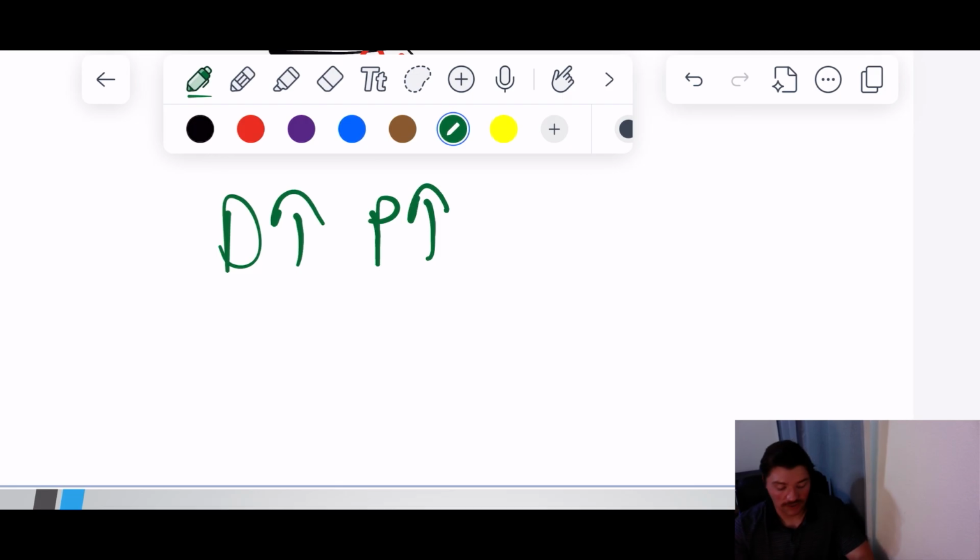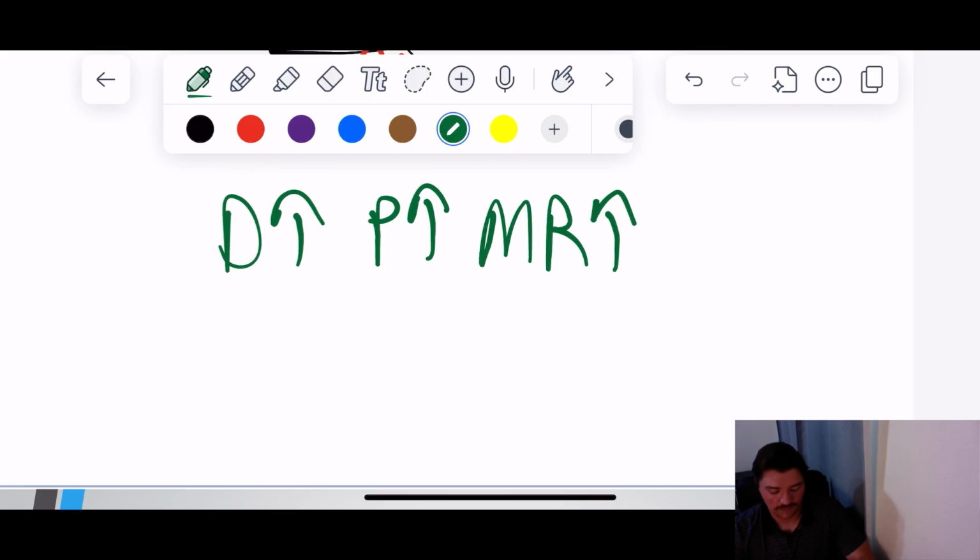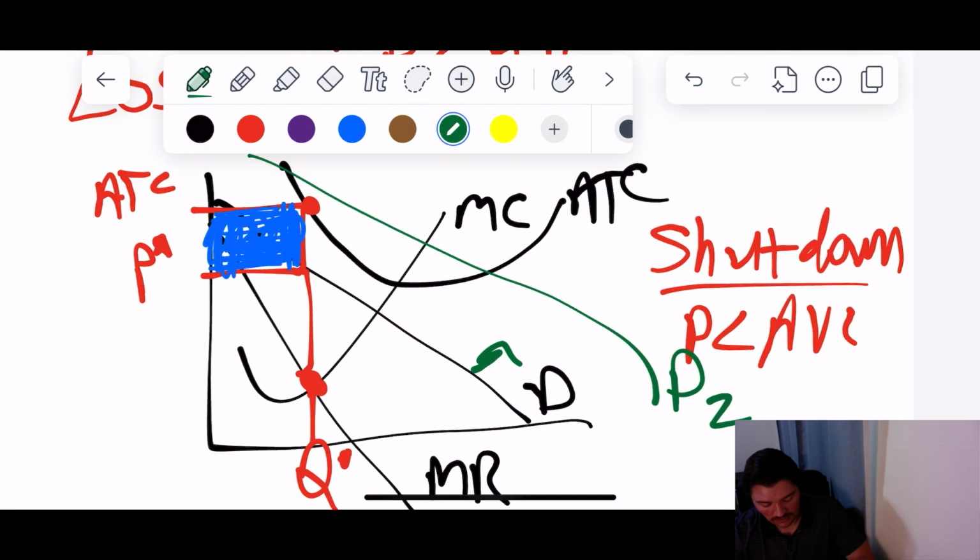You're making more money now because of the higher prices, so your marginal revenue increases. So what we would do is draw a new demand curve here, and then we would draw a new marginal revenue curve here, and then that intersects at the marginal cost at a different point.